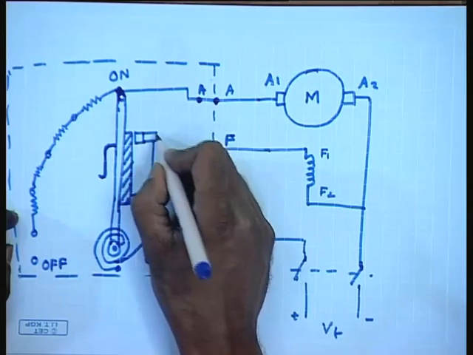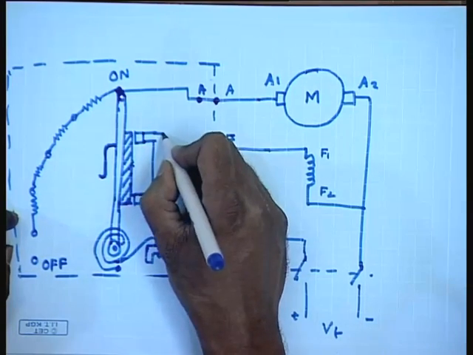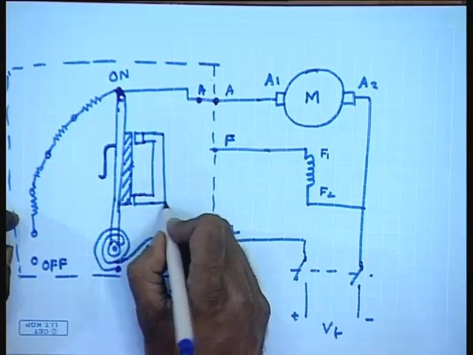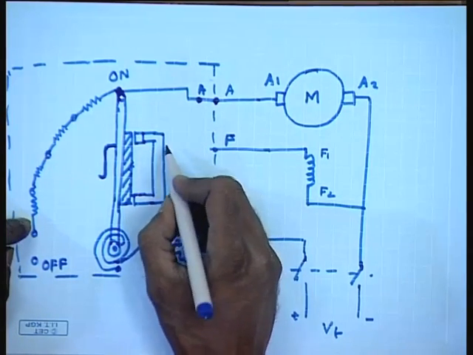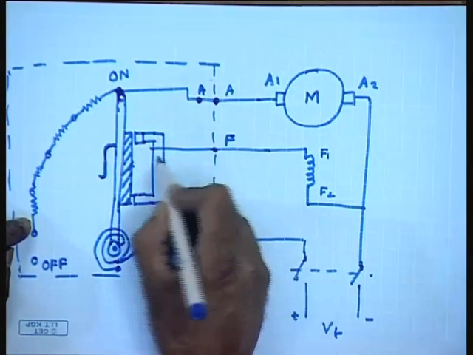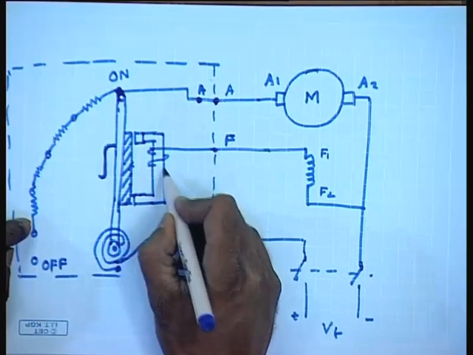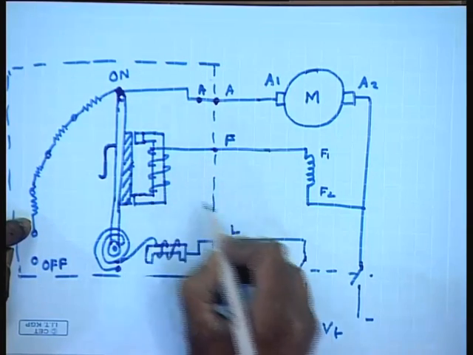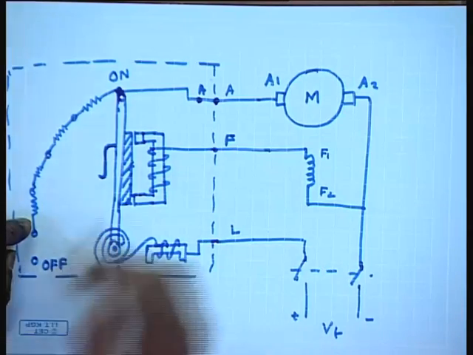On the handle there is a soft iron piece. The field winding is connected in series with the coil of another electromagnet.